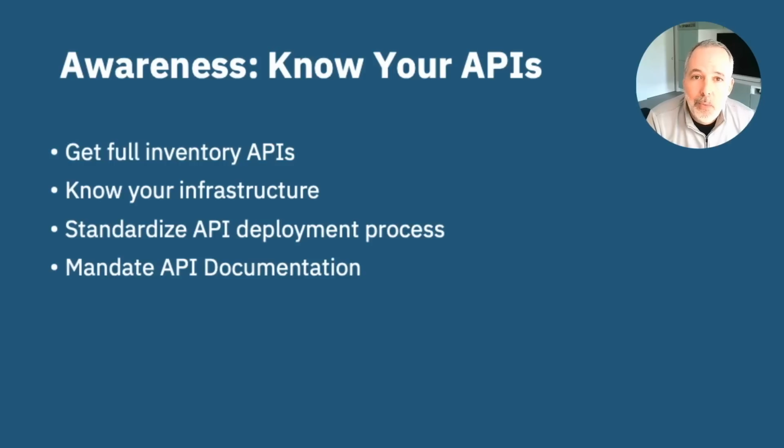But we run across way too many organizations where documentation is missing, it's patchy, it's out of date. So really strongly recommend that you make documentation of your APIs mandatory. This is a foundation of having good governance. And then create your API development standards so that every engineering team, every development team creates APIs in a consistent standard way. And I'm talking about style guides, design guides, and the like. We'll talk more about that a little bit later.